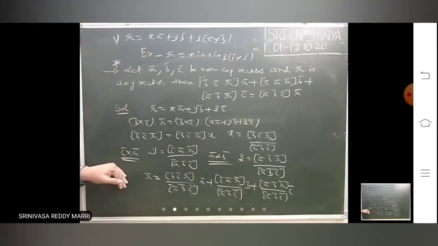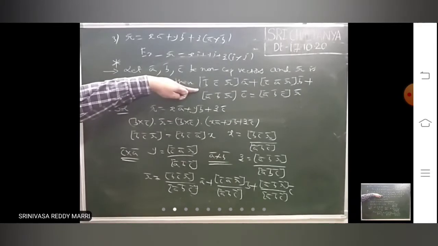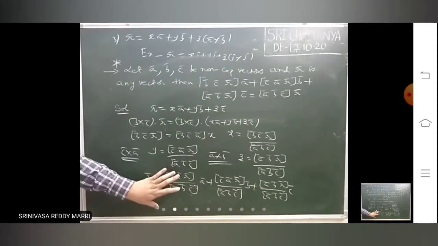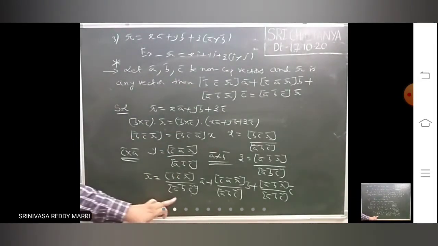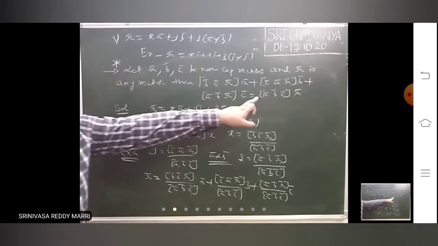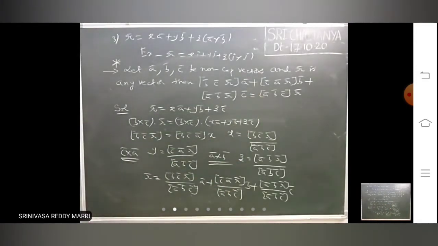Now this box ABC, bring this side, that is the result. After finding X, Y, Z, you will get the result. This side is scalar only, so that is nothing but box ABC into R bar.